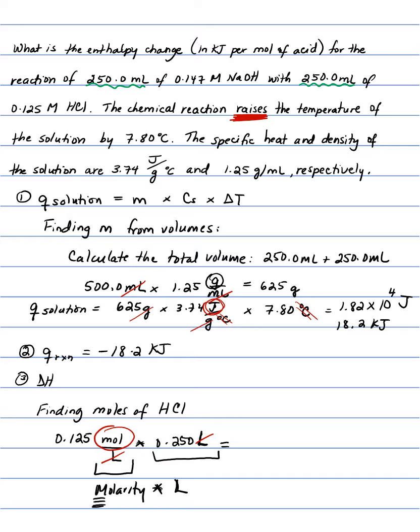So 0.125 times 0.250, those are the moles for HCl. So what I'm doing to find the moles of the acid, which is what you need to find out the value of the delta H, is just multiplying the concentration times the volume in liters.